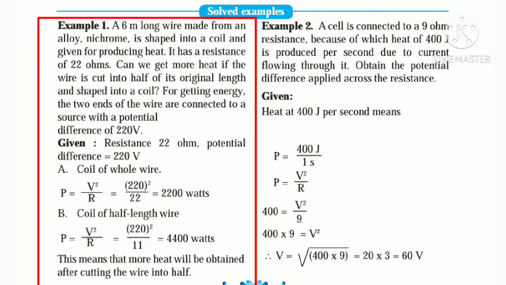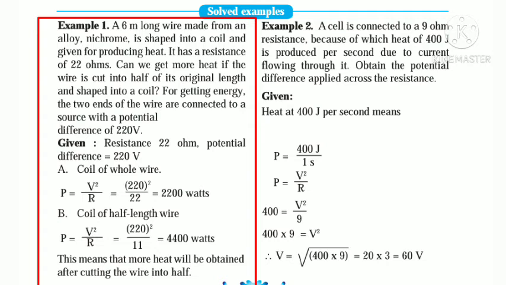Now this example, here we have 22 ohm resistance and potential difference of 220 volt. In this example we have to calculate power for a coil of whole wire. Power P is equal to V square upon R. Therefore, we have to substitute the value of voltage and resistance.